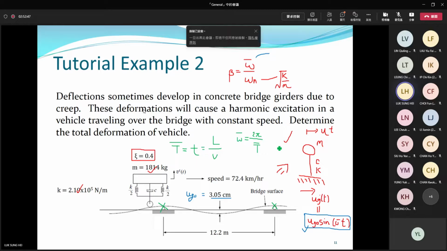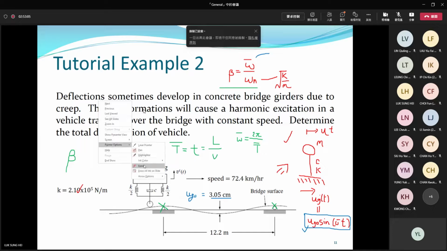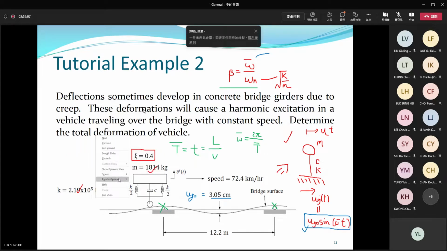You can first calculate the period of the ground excitation, and then convert that to frequency, omega bar. If you know frequency, you can go back to the definition, beta equal to here. Calculate beta.